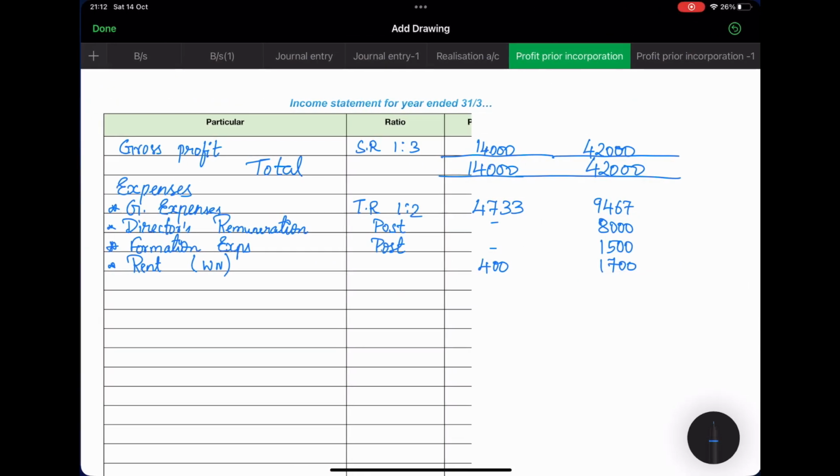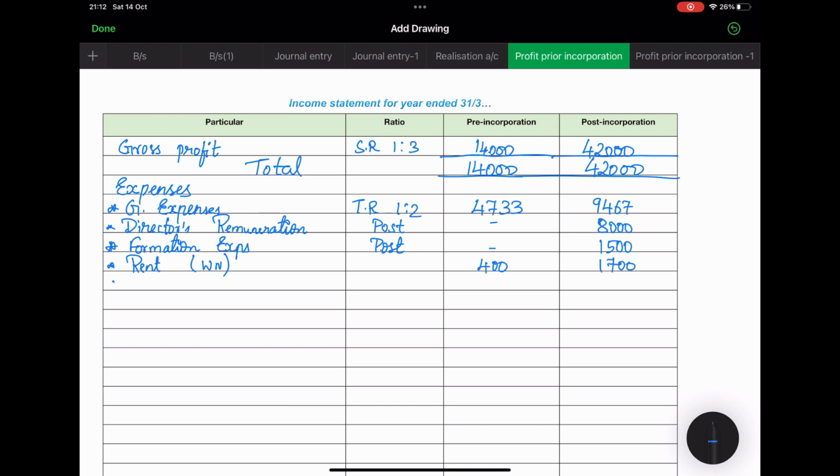So they have clearly given in the question as earlier firm. So manager remuneration full and full related to pre-incorporation. So 500 per month. For pre-incorporation we are having 4 months, so 500 into 4, 2000 is the value. Got it?